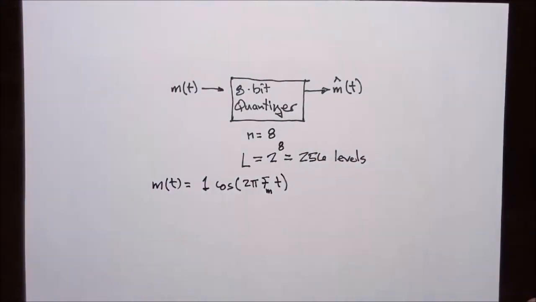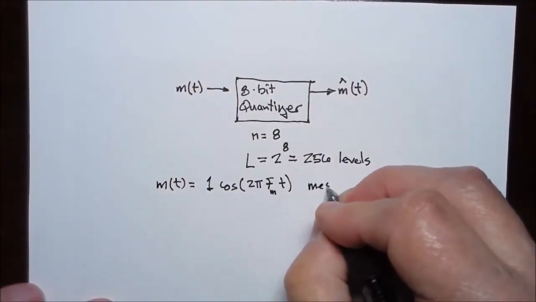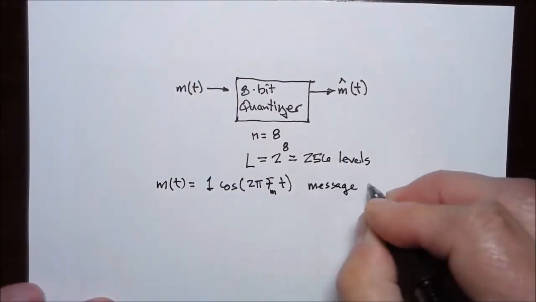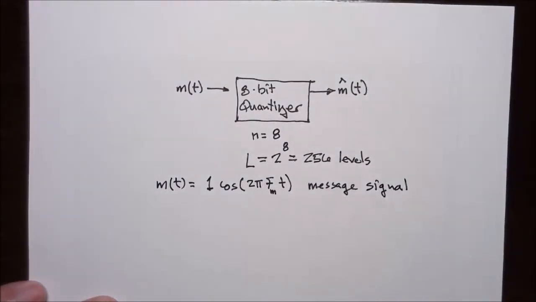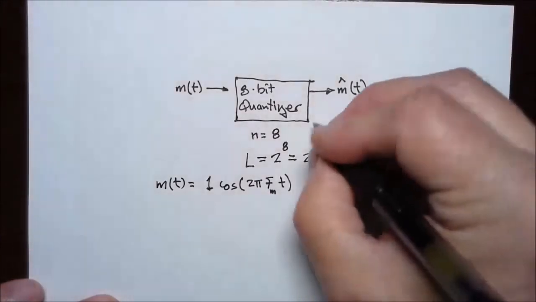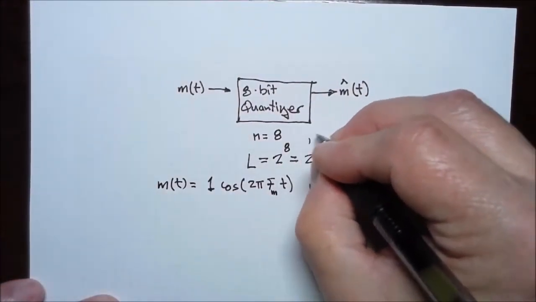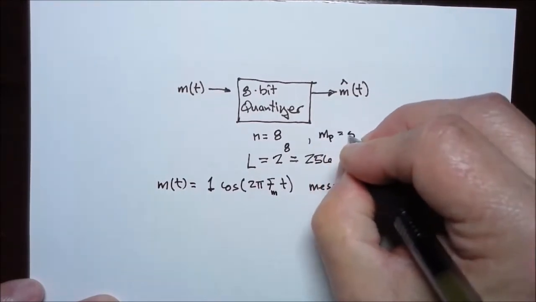So our message signal is a simple sinusoid. And our quantizer, let's give it a peak range, MP, of 5 volts.